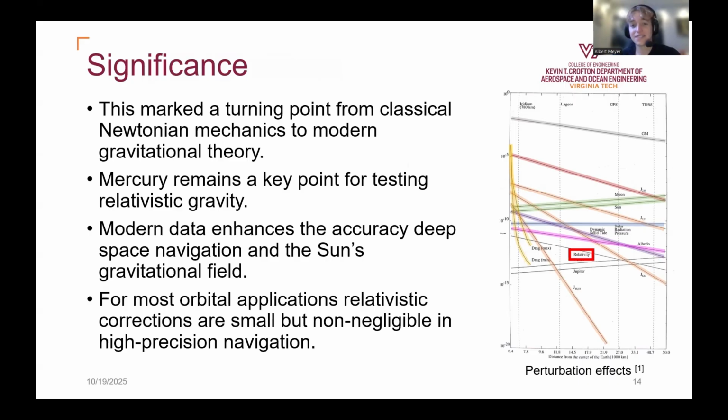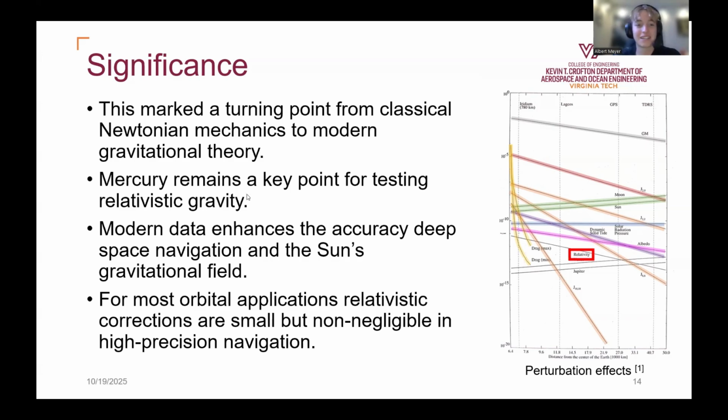We shifted from a Newtonian mechanics point of view to a modern gravitational theory, which really changed the way we think about space and time. Verifying Einstein's theory led to many, many more discoveries, and it's going to lead to more discoveries to come with relativity.